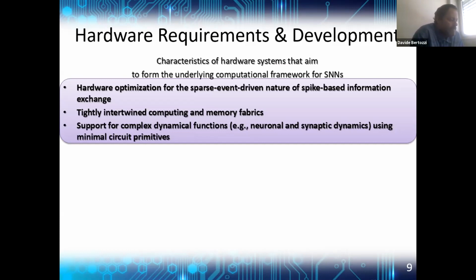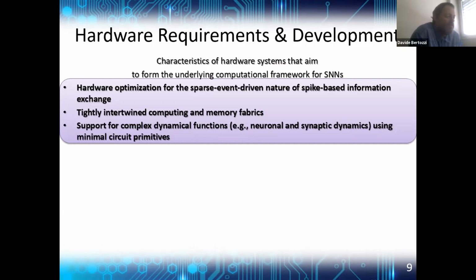First, the sparse event-driven nature of the underlying hardware. We require a sparse, event-driven nature of even the underlying hardware as a direct manifestation of the spike-based information exchange. So the hardware needs to match the computational and communication model.